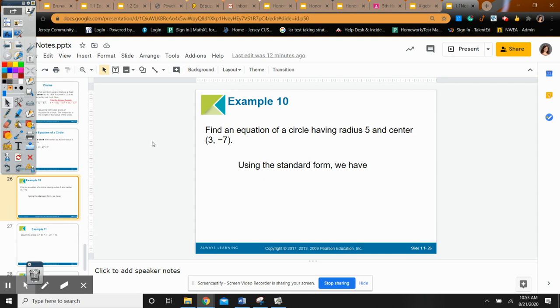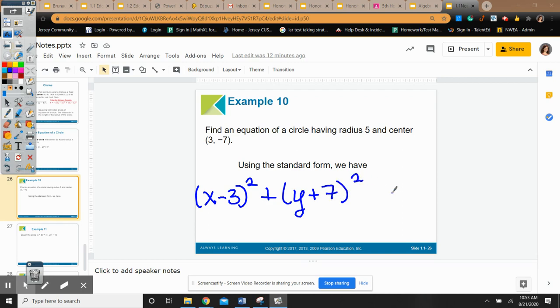Okay, so on this one, we will change the sign of the x, so it'll be x minus 3 squared. You always have to have those squares, plus y minus a negative 7 becomes a plus 7 squared equals the radius squared, which is 25.